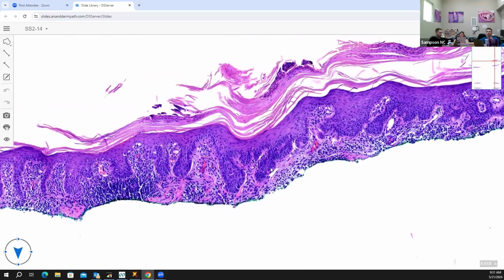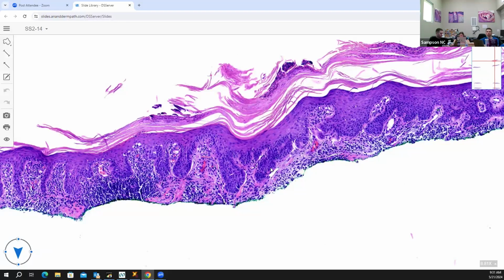All right, we have some parakeratosis up top, some alternating areas of parakeratosis. It looks like on this one there is loss of the granular layer. It's not as prominent as you would expect. There's vessels in the superficial dermis going up towards the epidermis.